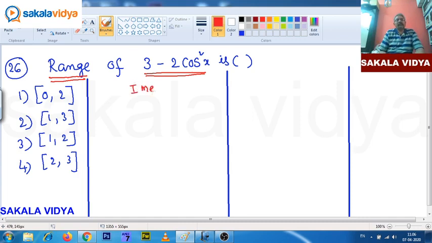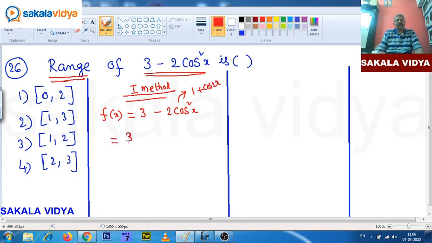Method number 1. For example, say f of x is equal to 3 minus 2 cos square x. We have the formula 2 cos square x equals 1 plus cos 2x, so let it be replaced: 3 minus (1 plus cos 2x), we have 2 minus cos 2x.